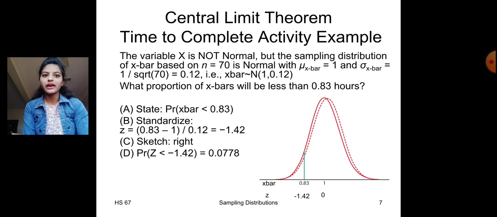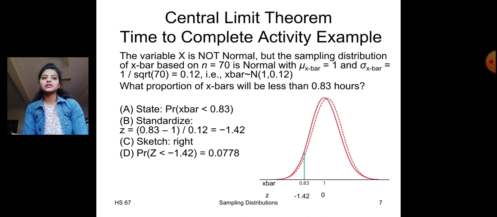We can see this probability: P(x bar is less than 0.83), and when we standardize it, it will be z equals 0.83 minus 1 divided by the answer we got, 0.12, which gives minus 1.42. That is what is shown in the figure.